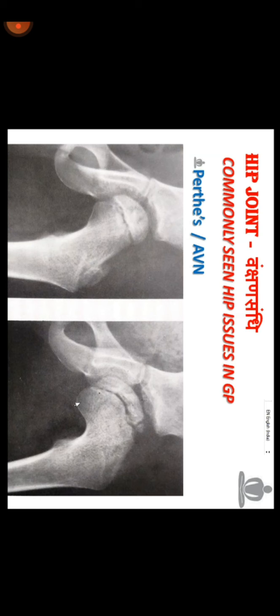Yesterday we discussed the causes, but the main thing is it gets blocked, and it doesn't send nourishment through blood to that particular area of bone, that is head of femur, and the bone gets softened, the bone gets fragile, the bone gets osteochondritis dissecans, etc.